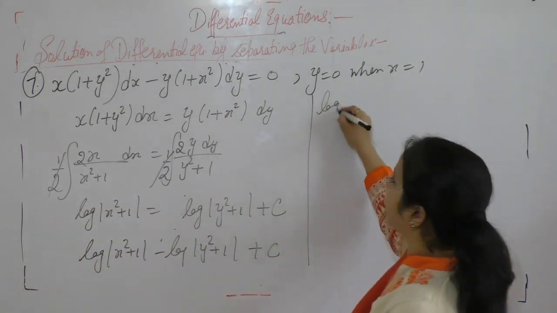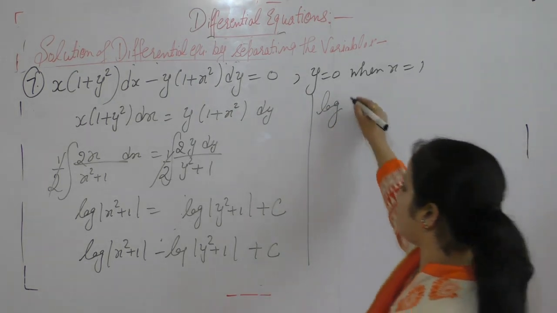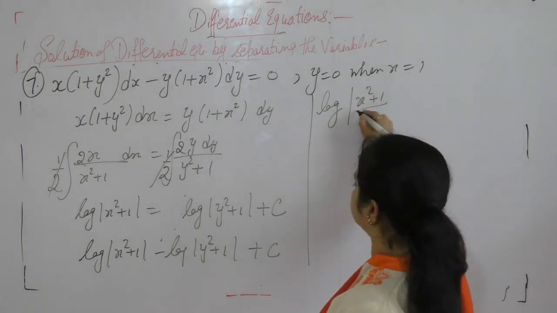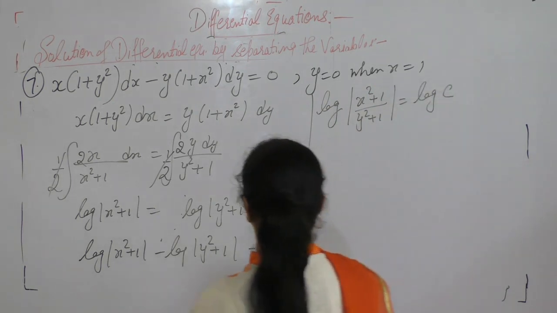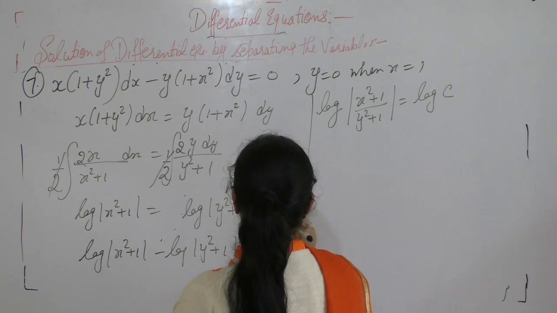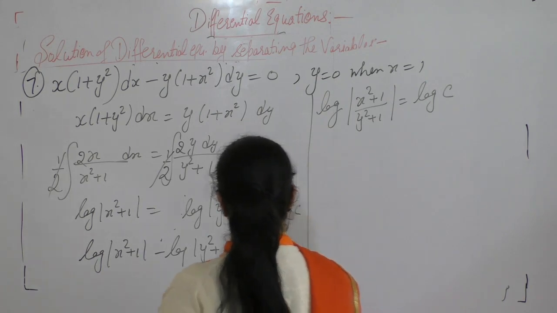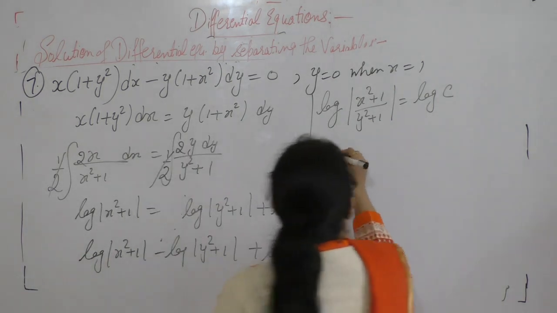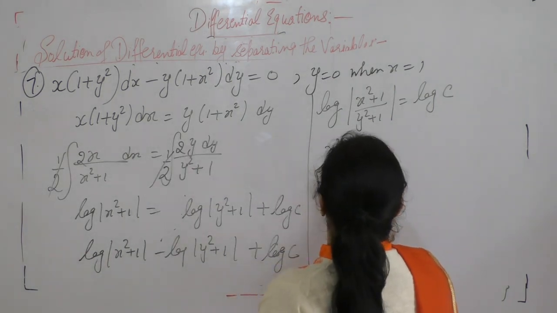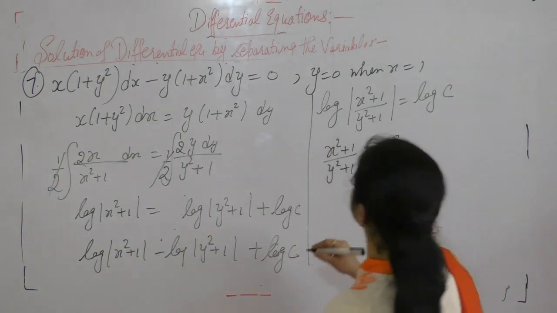Log a minus log b is equal to log a upon b. Or we can take the constant of integration as log of c also. So here we get (x square plus 1) upon (y square plus 1) is equal to c.